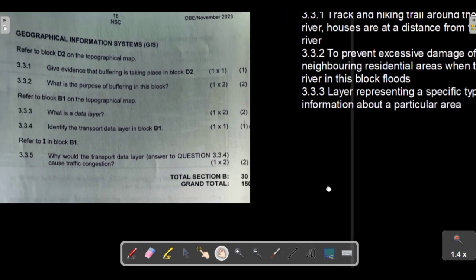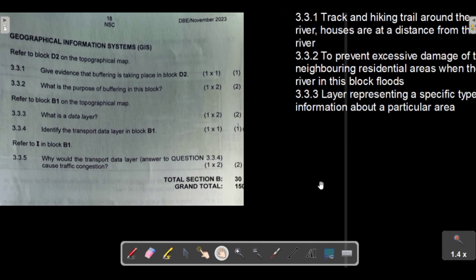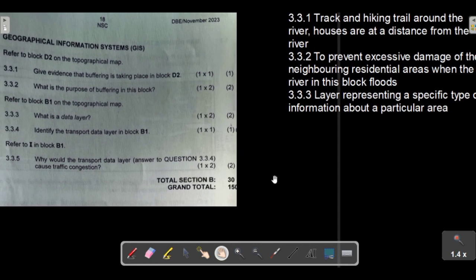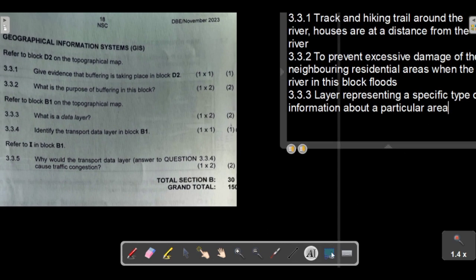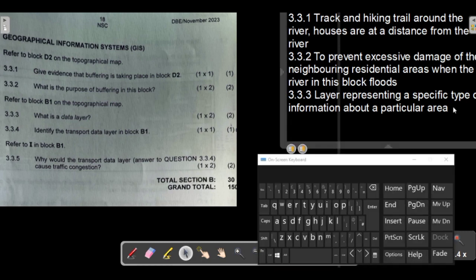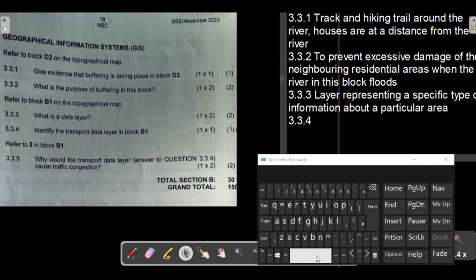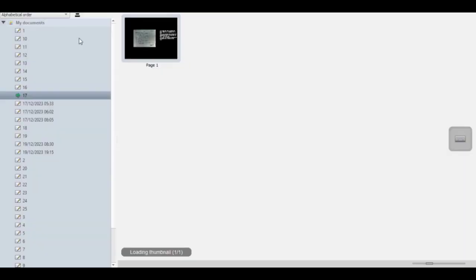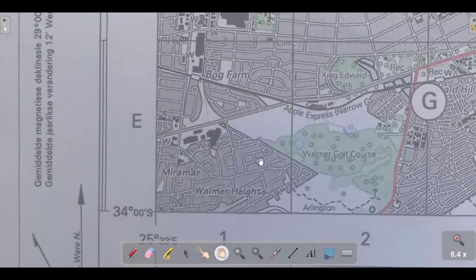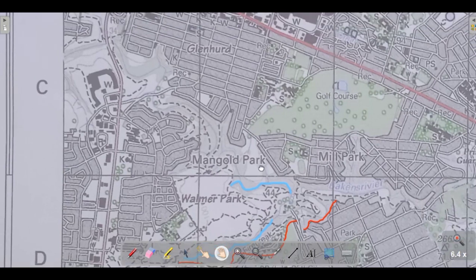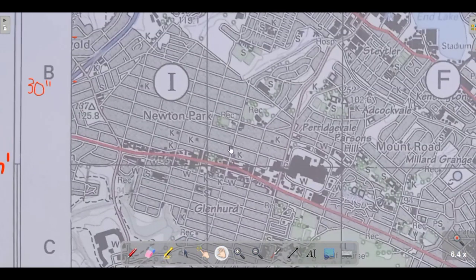Then 3.3.4 says identify the transport data layer in block B1. Identify the transport data layer in block B1. Okay, so what is transport data layer? So it should have information about transport then. So what do we see as transport here in B1?